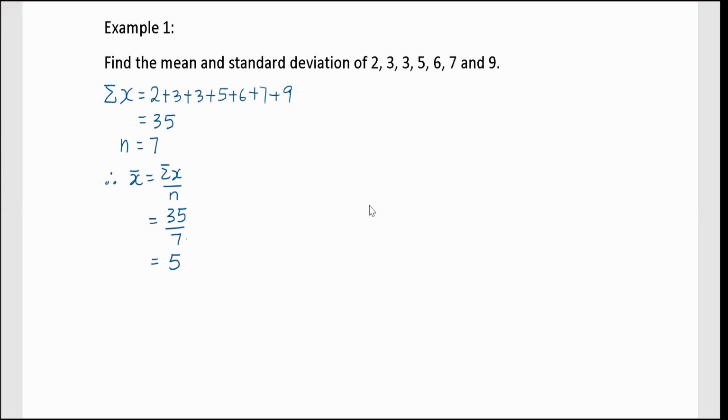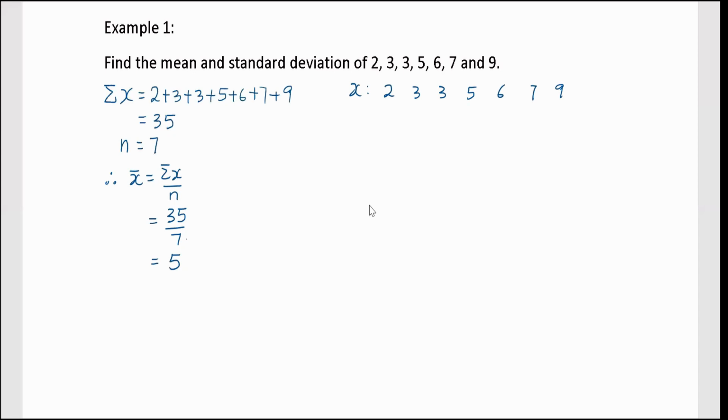So the mean of these 7 data here is 5. Now, in order to find the standard deviation, first I label the data x: there are 2, 3, 3, 5, 6, 7, and 9.